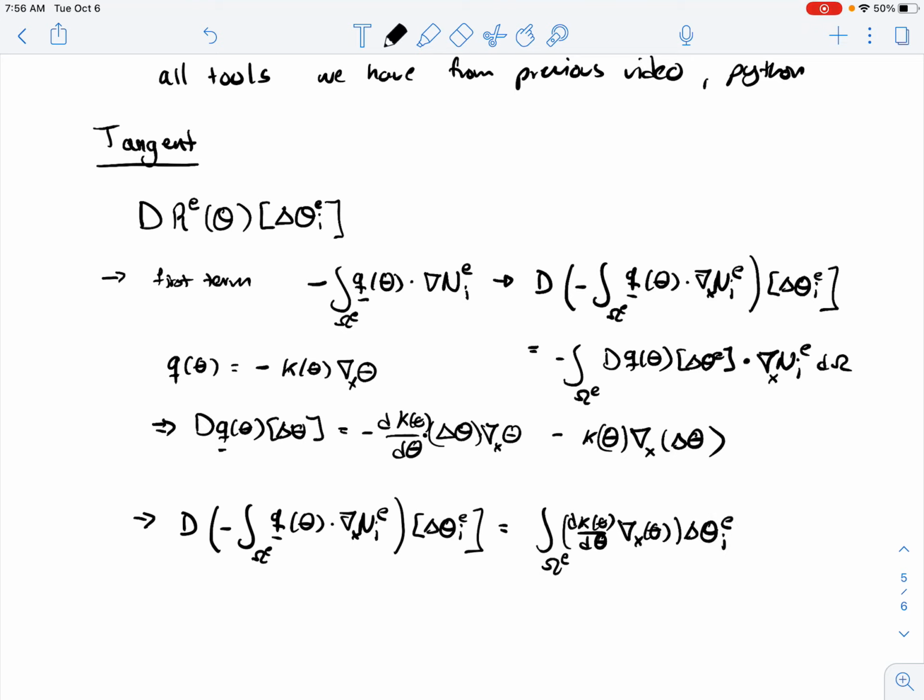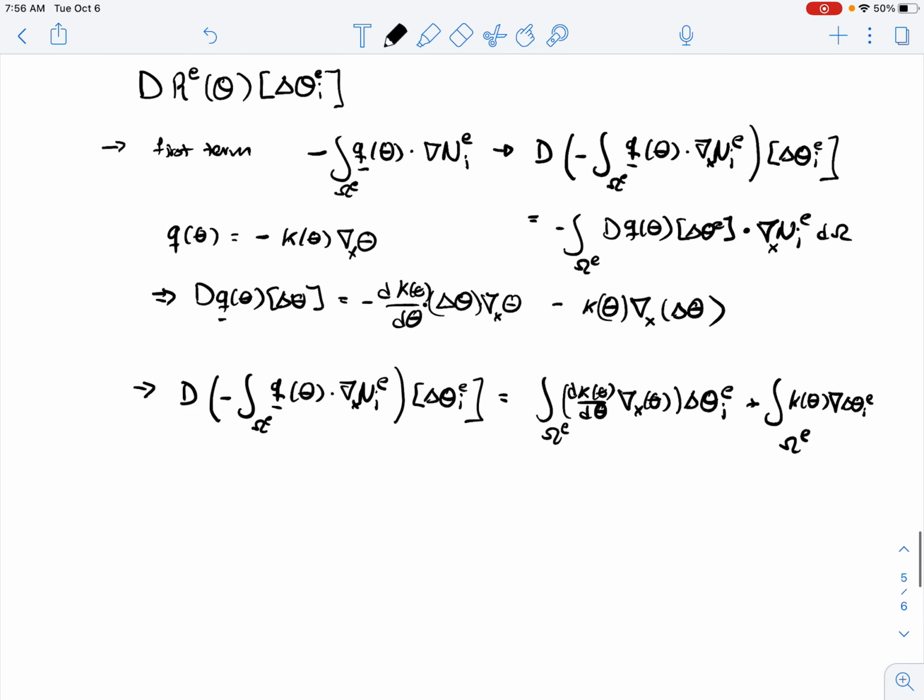And here I'm explicitly saying that the increments are going to be increments for each node, plus the integral over omega e of K of theta, and then I have the gradient of the increment times the gradient of the shape functions.